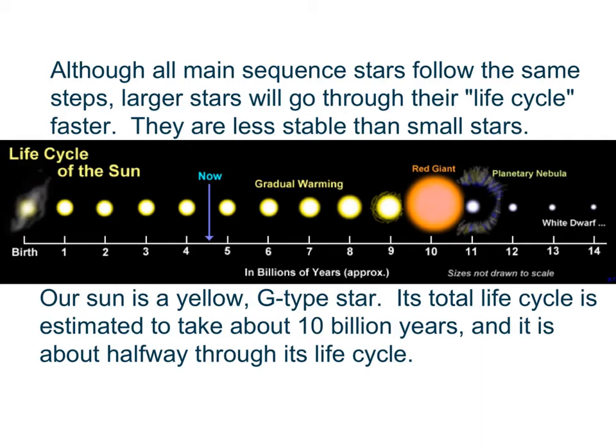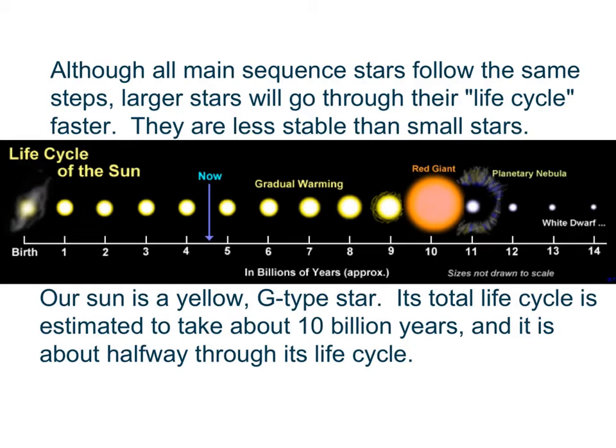The main difference is how long it takes for them to go from being stable to being unstable and then eventually running out of fuel. Larger stars that are hotter tend to go through this cycle in a faster, shorter period of time, and stars that are smaller tend to be more stable for a longer period of time.